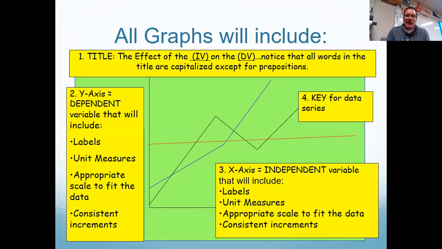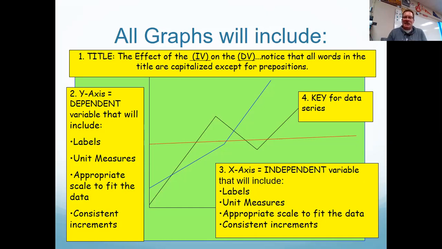The y-axis is your dependent variable. It will include its labels, units of measure, appropriate scale to fit the data, and the full range. If you're doing this by hand on graph paper, you use the full range, because the bigger the graph, the less variable, and you iron out some of the anomalies that can happen. And consistent increments.